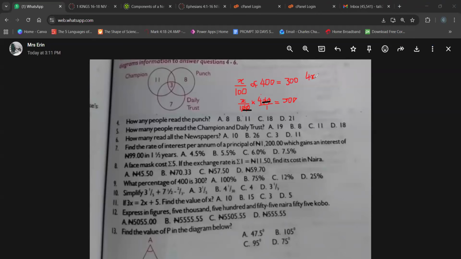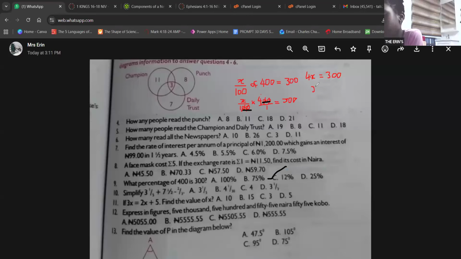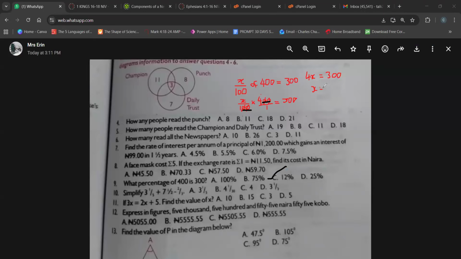So what will I do to both sides? Divide both sides by 4. When I divide 300 by 4, what do I get? 75. Correct, so that's the answer. Can you see how easy it is? Yes, sir. I didn't know.